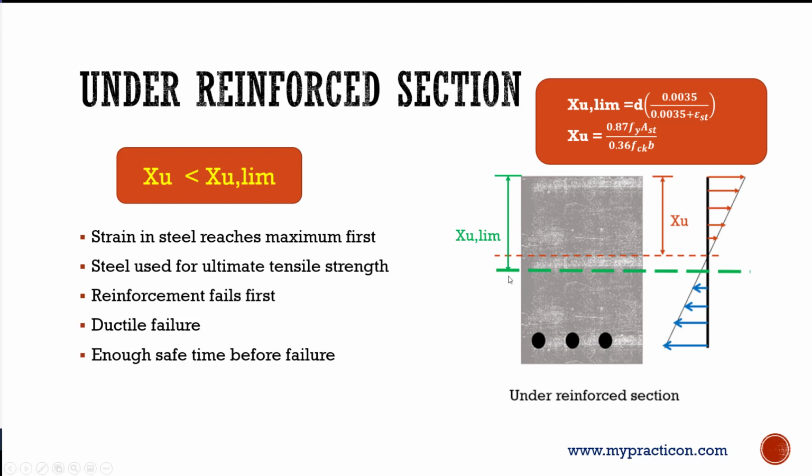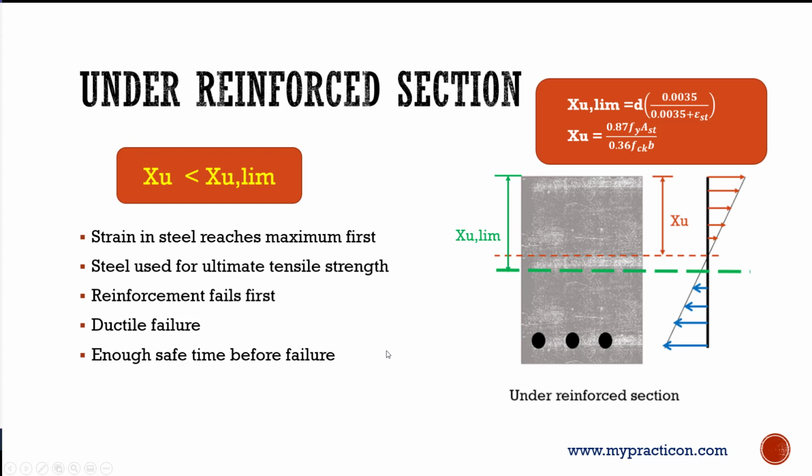So in this case, of course, it is a ductile failure because steel fails first, and it will give an indication of failure. And we have enough safe time before the failure occurs.